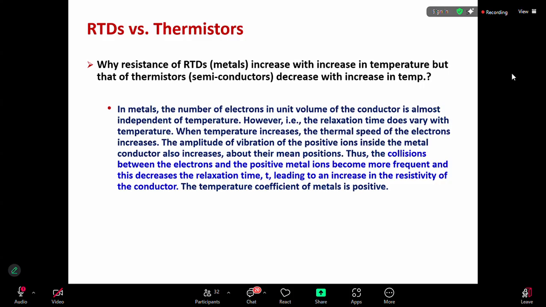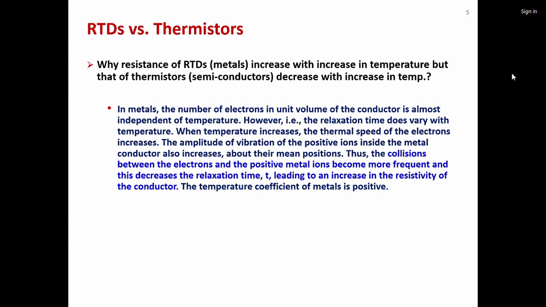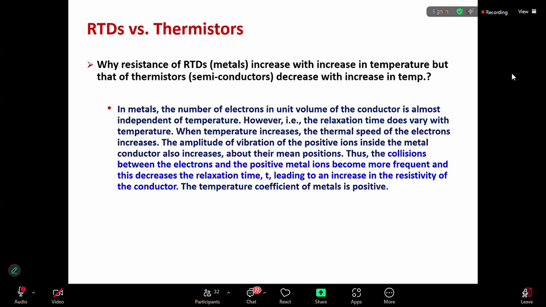But the amplitude of vibration of the positive ions, which are not mobile, unlike electrons, would also go up about their mean position. So these electrons, when they try to move through the metal, would collide more frequently with the positive ions because the positive ions are now oscillating much faster. The electrons are also trying to move faster.